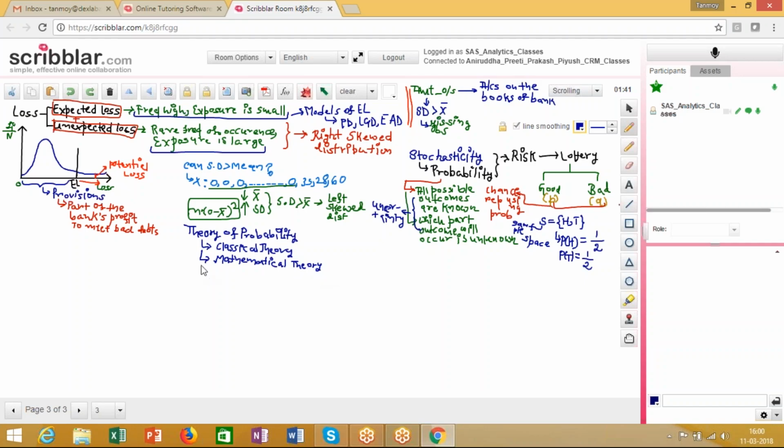And the third theory of probability that we talk about is the Bayesian theory. Nowadays, the Bayesian theory is coming up very strong, and people are exploring it, and there are a lot of Bayesian techniques that people are actually using.